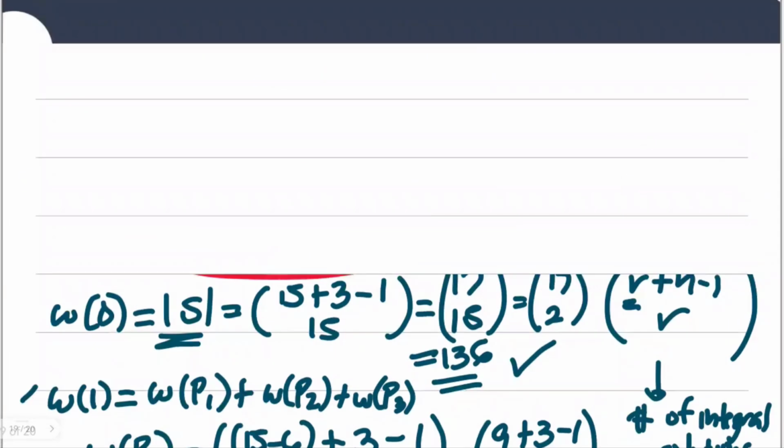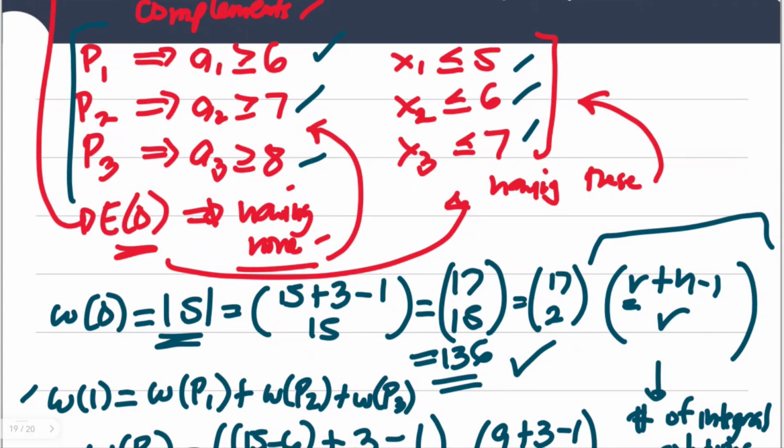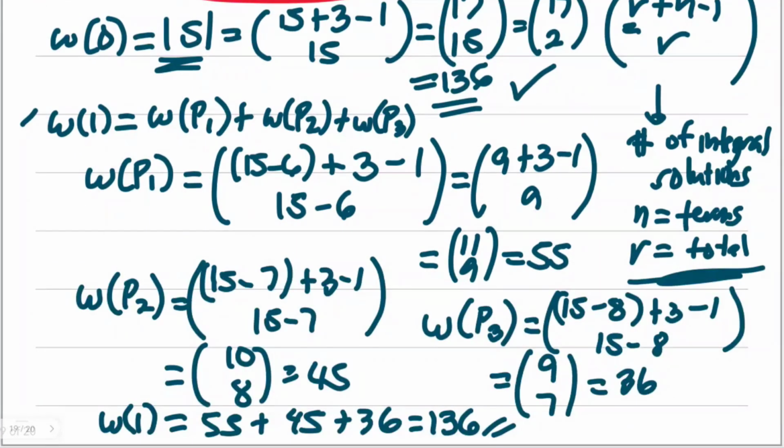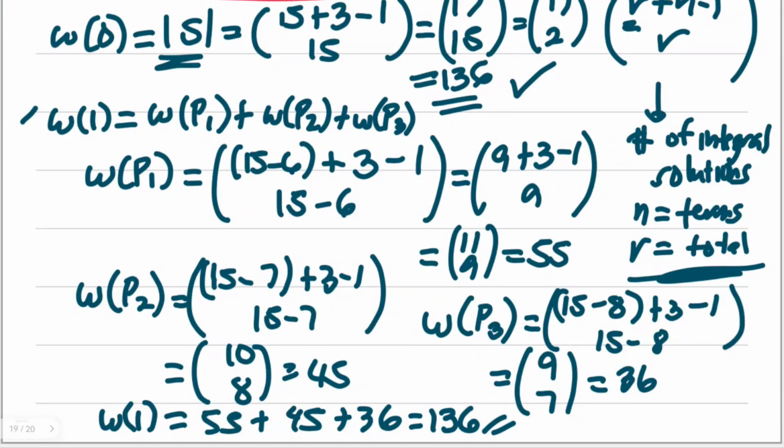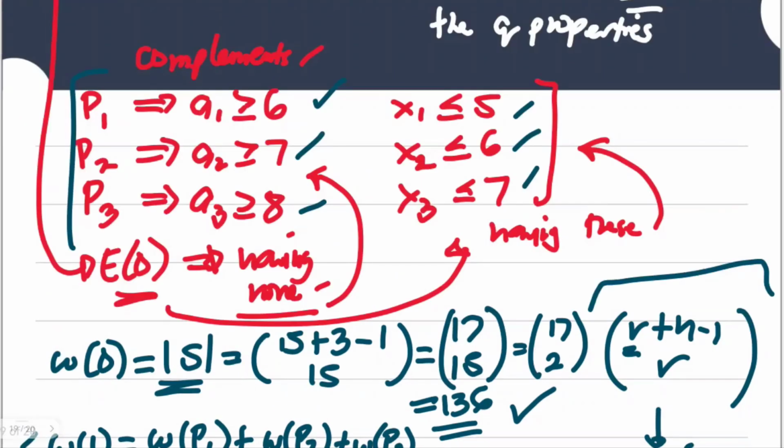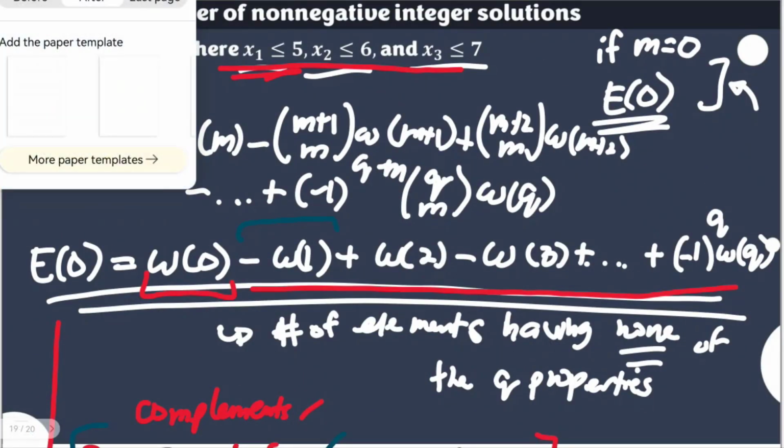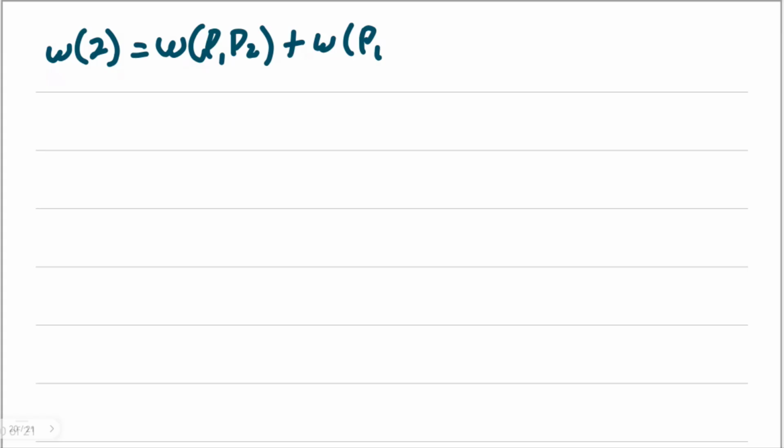But since we still have more pairs, the omega of the pairs with 2 properties and the 3 properties, let's move to another page. I'll be adding another page here. So sorry for that. I'm going to have here the omega of 2, meaning we're going to add the omega of p sub 1 and p sub 2, plus the omega of p sub 1 and p sub 3, plus the omega of p sub 2 and p sub 3.